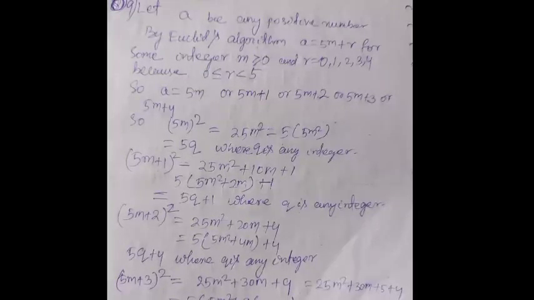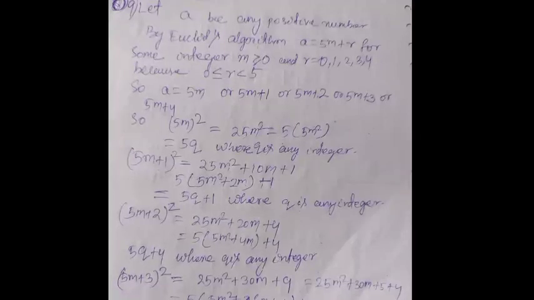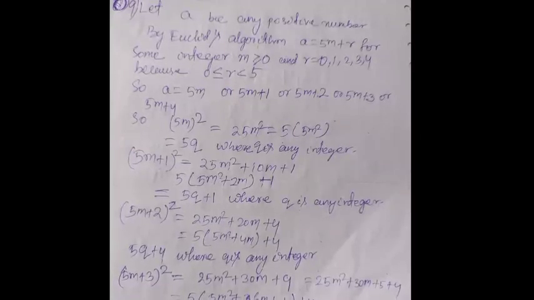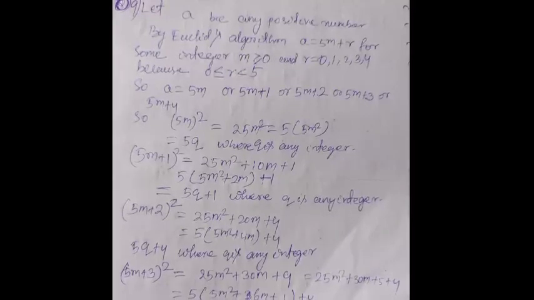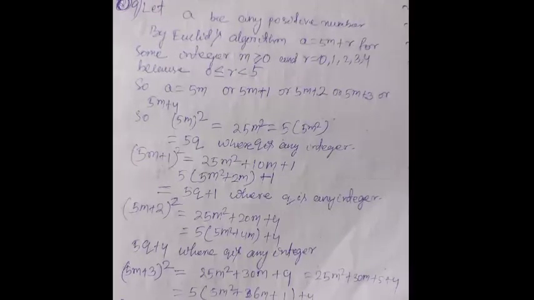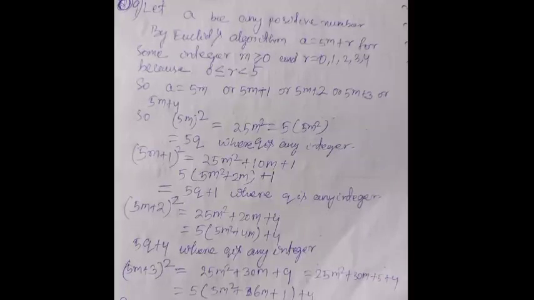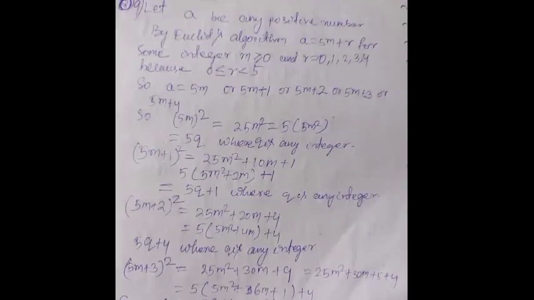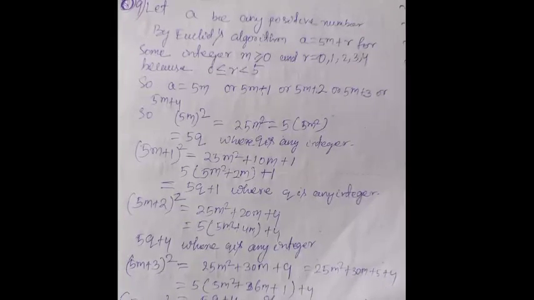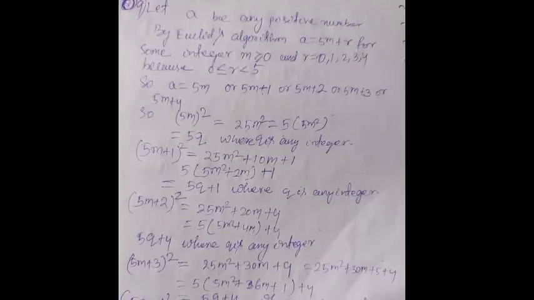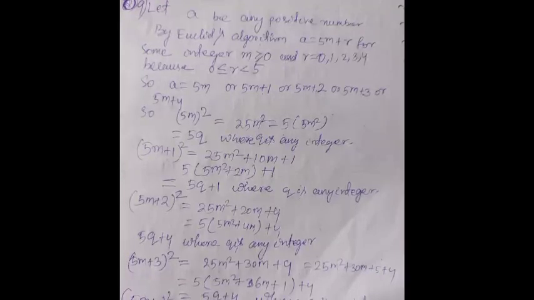Then equal to 5q + 1, where q is any integer. Then (5m+2)² equal to 25m² + 20m + 4. After taking 5 common, 5(5m² + 4m) + 4. Then 5q + 4, where q is any integer.